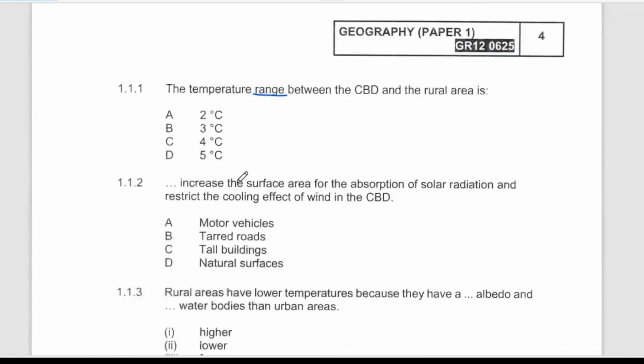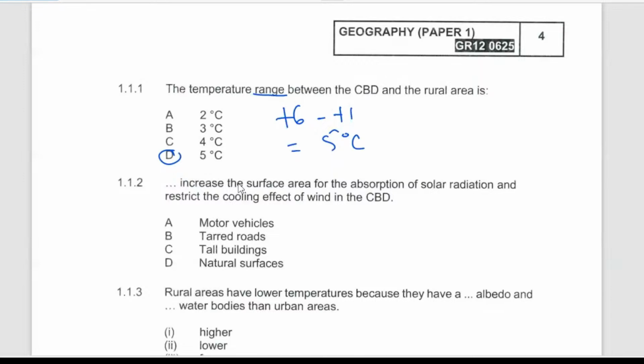So the temperature range is the difference between positive 6 and positive 1. That gives us 5 degrees Celsius. So our correct response is item D, which is 5 degrees Celsius, which we find by getting the difference between the highest temperature, closer to the CBD, and the temperature of the rural area, which is positive 1. Right, we move on to the next question.